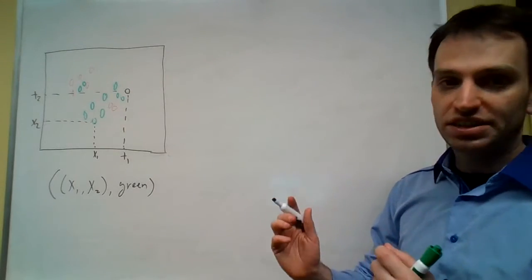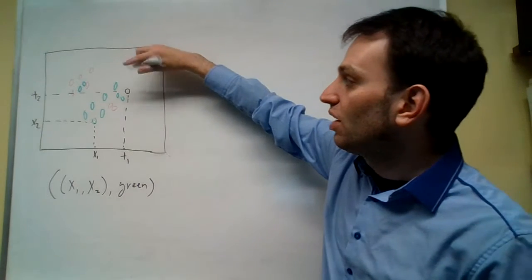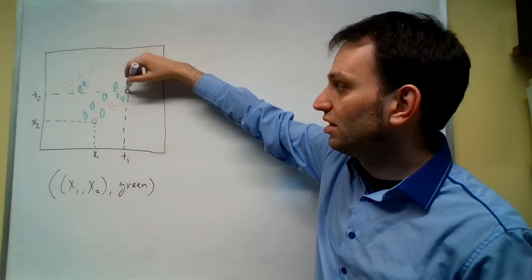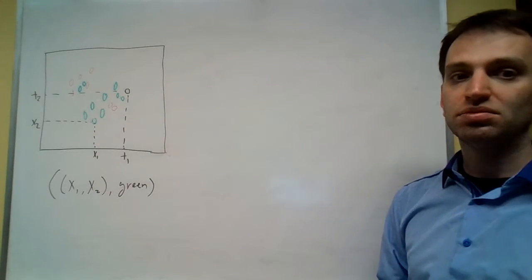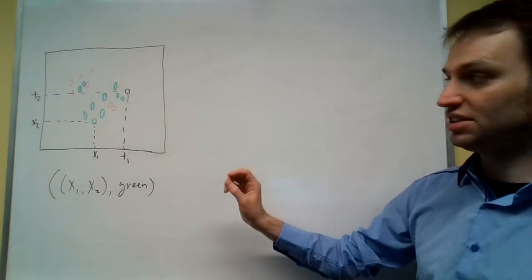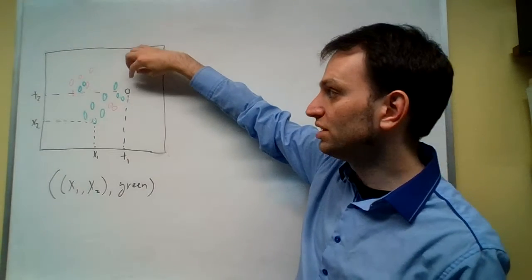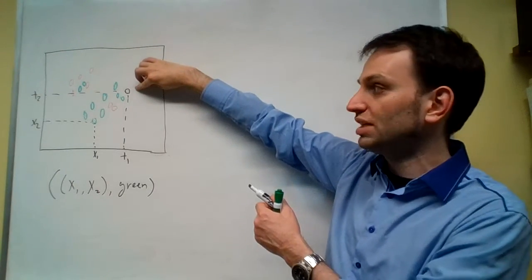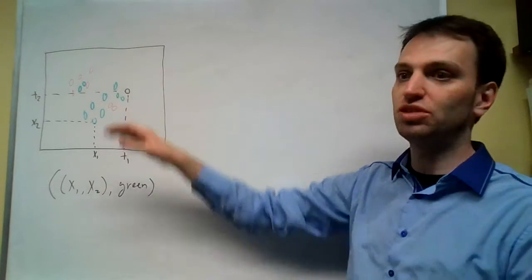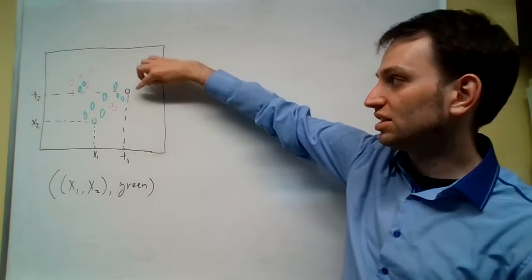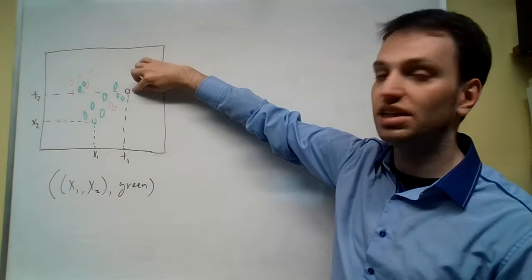Well, k-nearest neighbors says, compute the distance between this test point and all the points in the training set. Then select the k-nearest neighbors, meaning the k points that are closest to the new test point, and do a vote among their labels. Whichever is the majority, that's going to be the label of this guy.